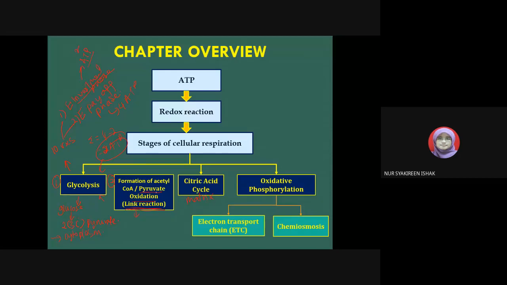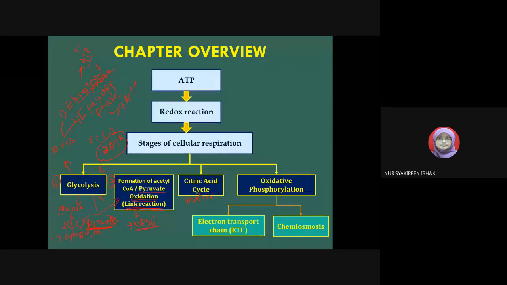You can also call it pyruvate oxidation, because in this stage, the pyruvate, which is the product of glycolysis, will enter this stage and be oxidized. Once pyruvate is oxidized, it means that another molecule will be reduced. What is that molecule? The molecule reduced in this stage is NADH.